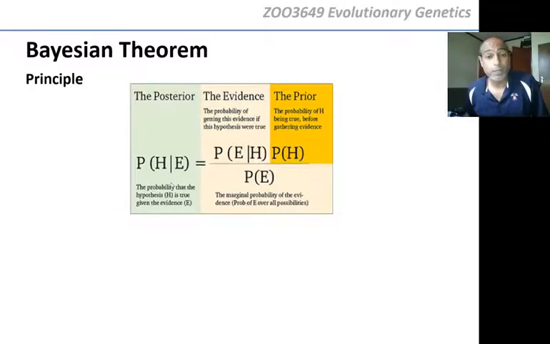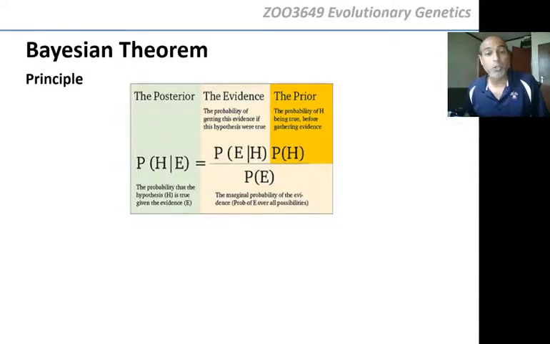So the likelihood, well, let's take the posterior first. The posterior is the probability of having the hypothesis given the evidence. The prior is the probability of the hypothesis being true, the tree being true, before we gather the evidence.